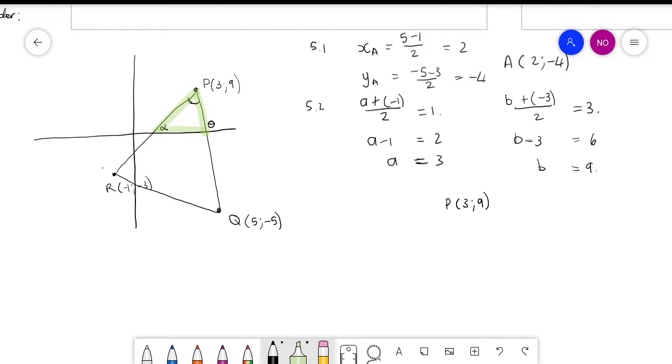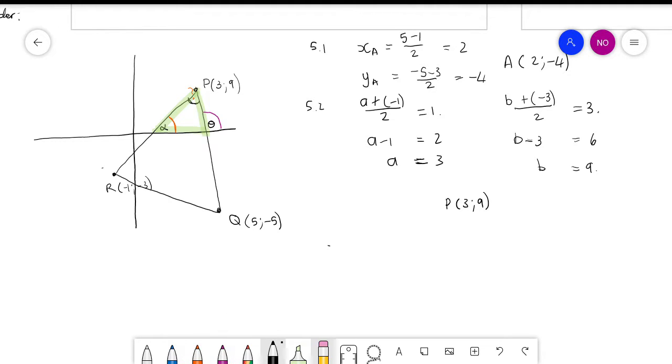We'll use the gradient of the line PQ to calculate theta, then the gradient of the line PR to calculate alpha. Then this angle, the one that we need, will be equal to that one minus that one, because the exterior angle of a triangle is equal to the sum of the two interior angles.